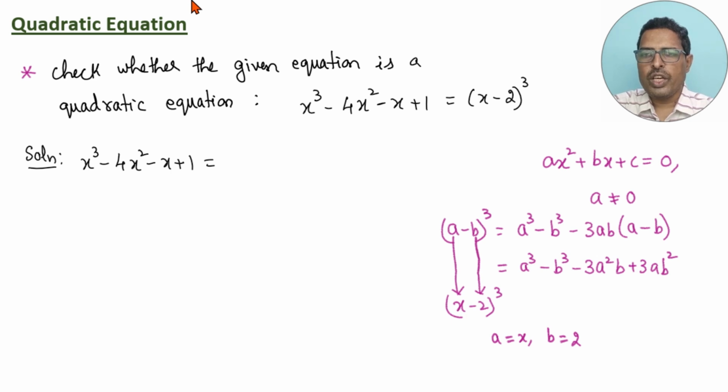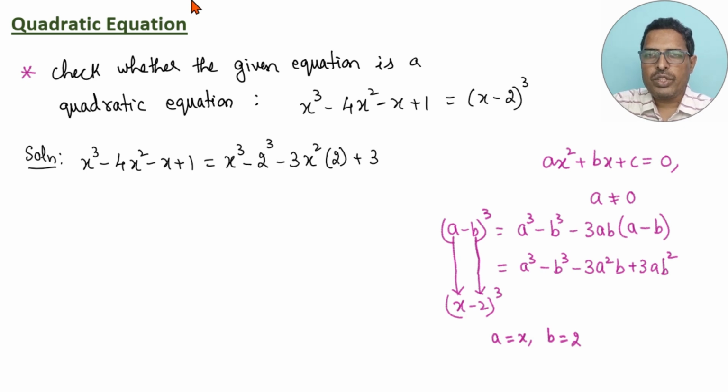The value of a is x, so the first term a cube is x cube, minus b value is 2, so 2 cube, minus 3 into a square, a value is x, so we'll be getting x square into b value is 2, plus 3 times a value is x into b square, we get it as 2 square.